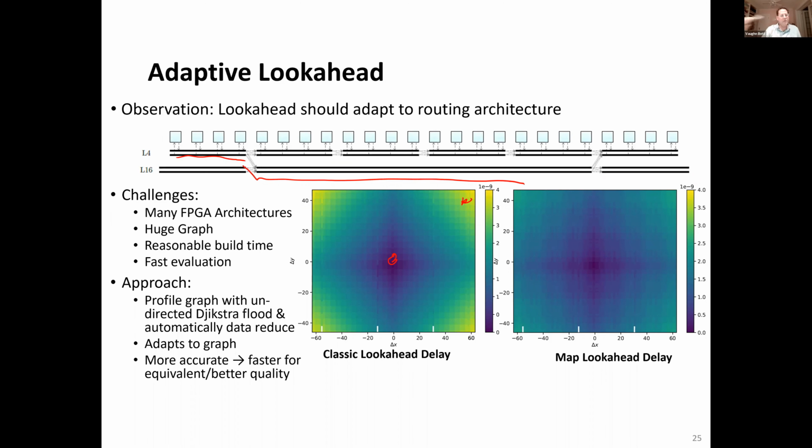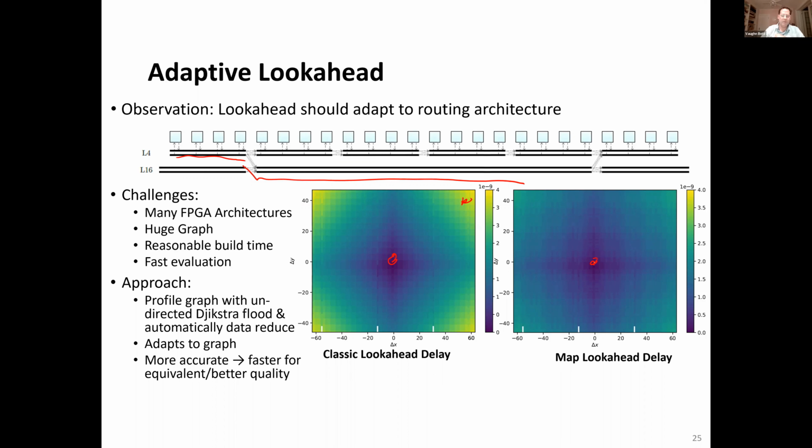And in VTR 8, it explores the routing graph in an efficient way using something that's kind of like a router, but it's a Dijkstra flood algorithm, to efficiently find maps that incorporate information about all the routing choices. So in VTR 8, the look-ahead map looks different.